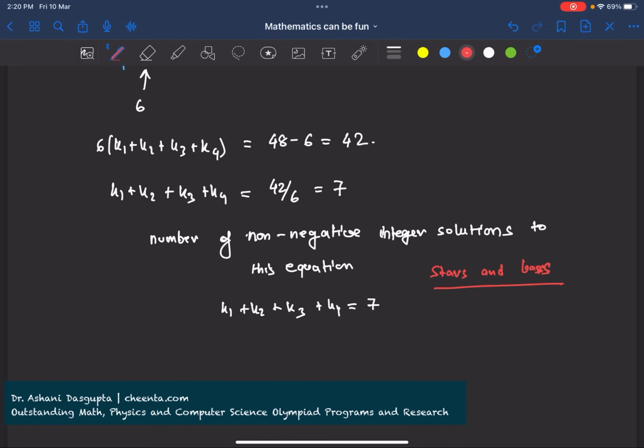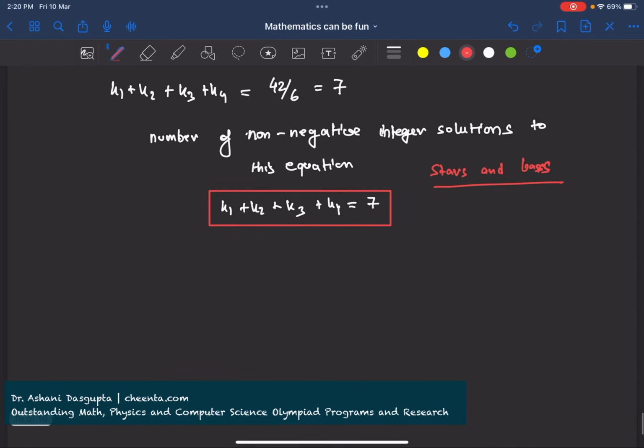So it says that the number of non-negative integer solutions of this equation is equal to, and this is a standard formula in combinatorics. If you want to learn more about it, you can refer to the video linked in the description. This is 7 plus 3 choose 3.